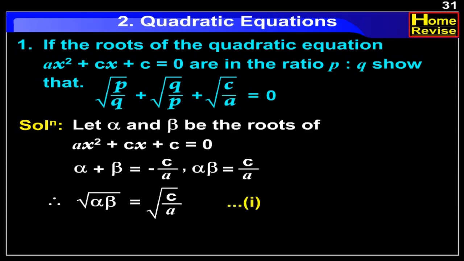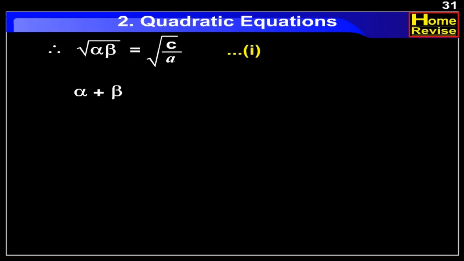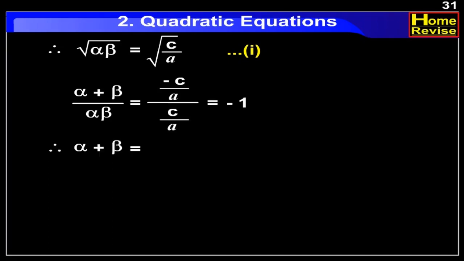Let this be equation number 1. Also, alpha plus beta upon alpha into beta is equal to minus b upon a divided by c upon a, which is equal to minus 1. Therefore, alpha plus beta is equal to minus alpha beta. Let this be equation number 2.